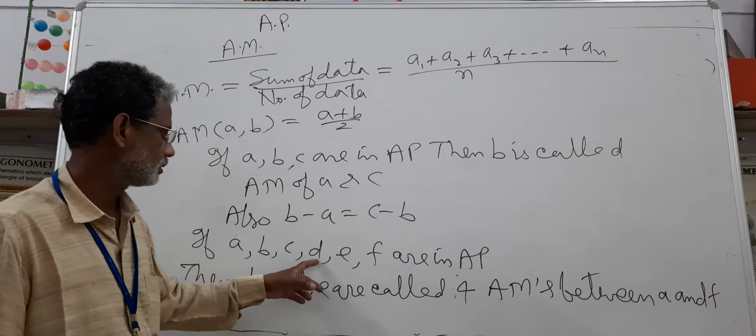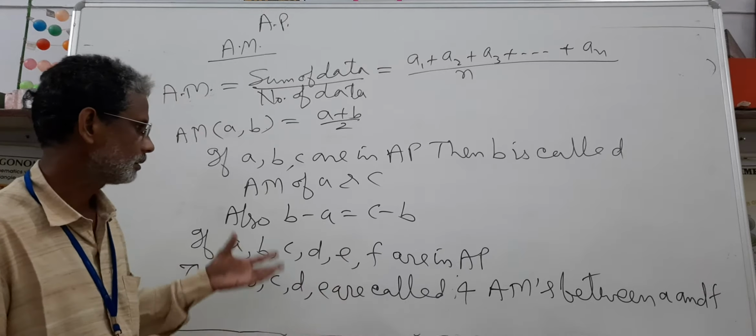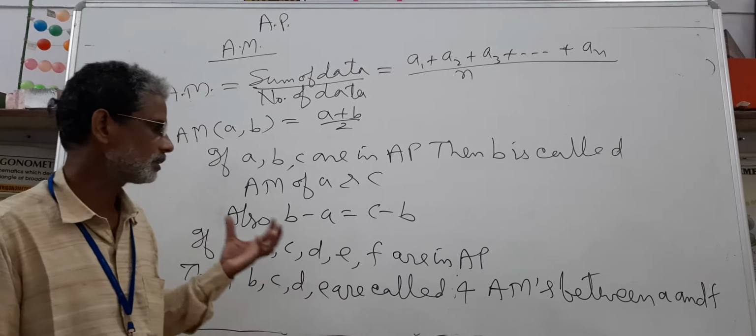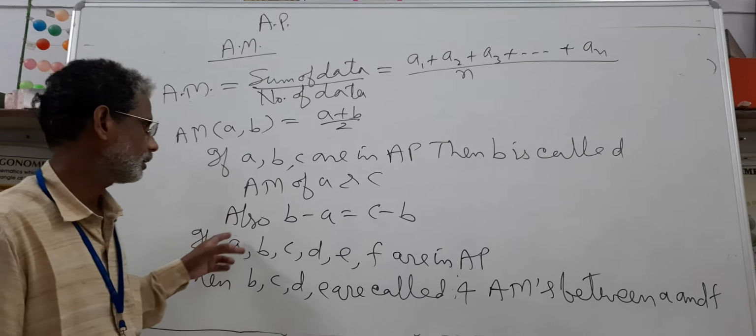Here B, C, D, E are called 4 arithmetic means between A and F.